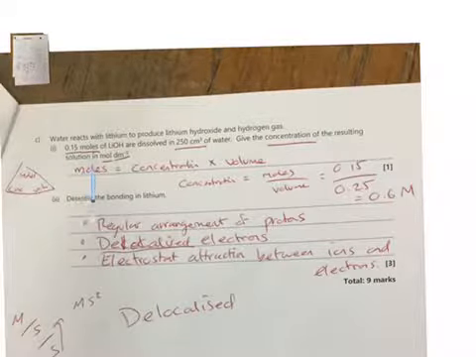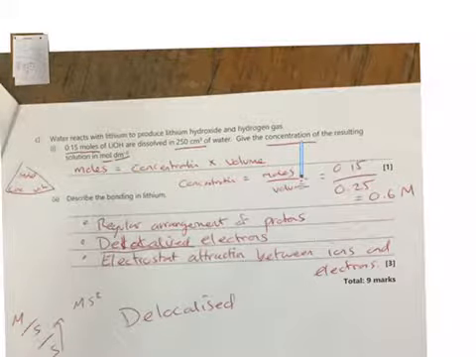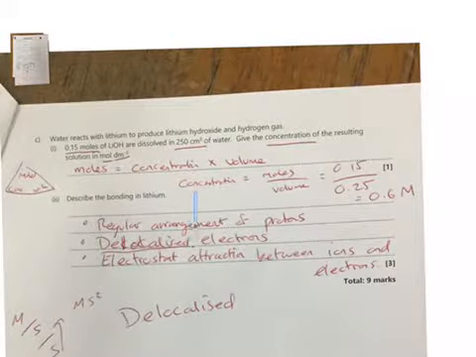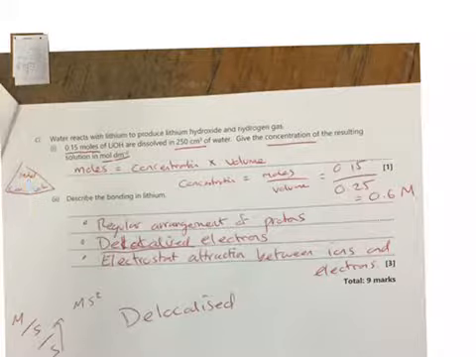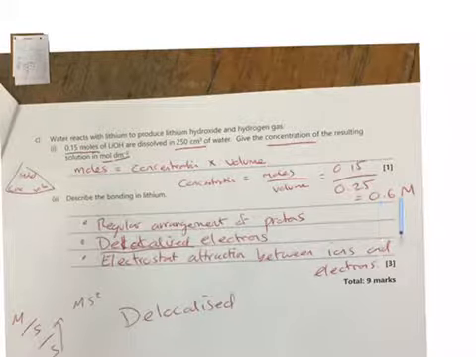Because I want to know the concentration, my concentration is moles over volume. My moles is easy, it's 0.15, but my volume is 250 centimeters cubed, and we need to be in decimeters cubed, just like a liter really, so you divide by 1,000. So 250 becomes 0.25, which gives me 0.6 moles.